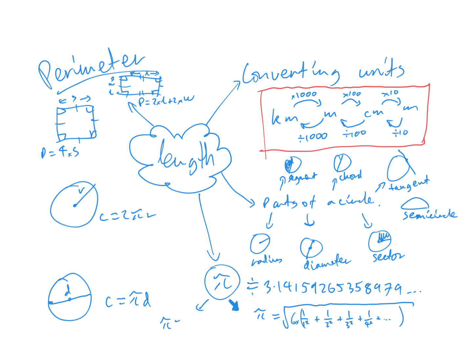We said pi is the circumference divided by the diameter. So if we change that into a multiplication, the circumference is d times pi. And then replacing d with 2r, we get C as 2 pi r.